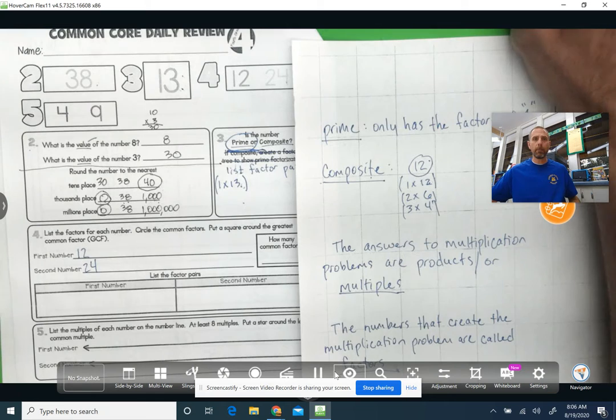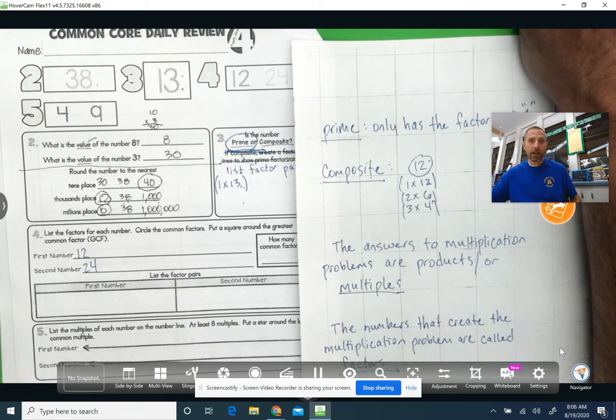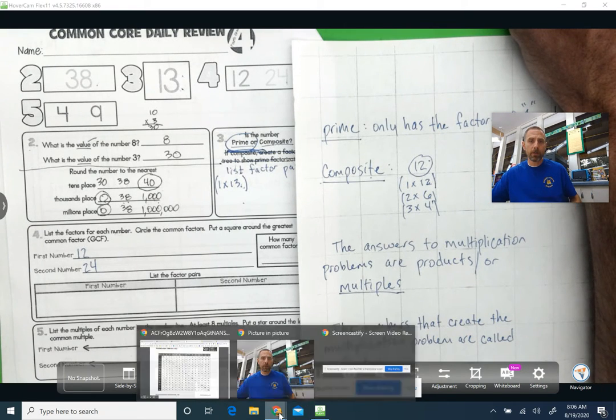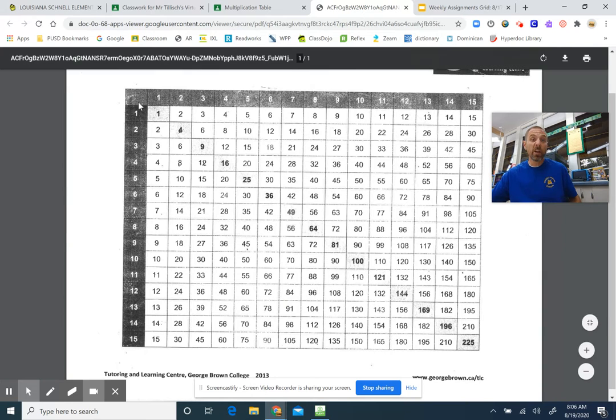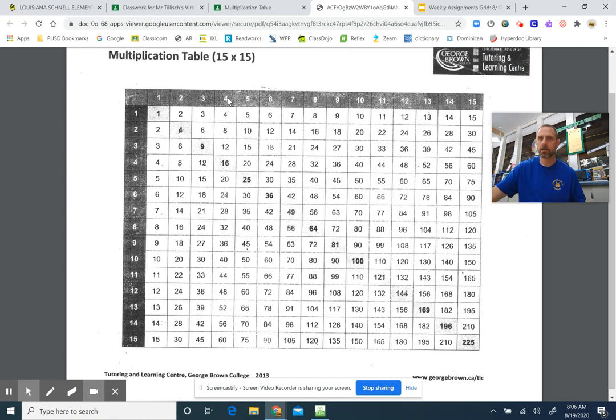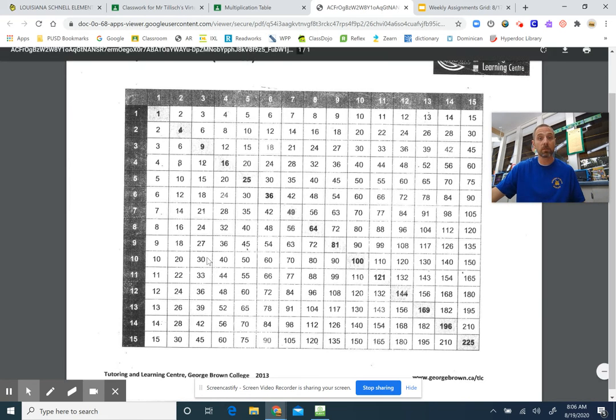If you can remember, the factors of a number are the numbers that make the multiplication sentence. These numbers on the left and the top in this black bar are your factors, the little factories that make the products, or make the multiples.